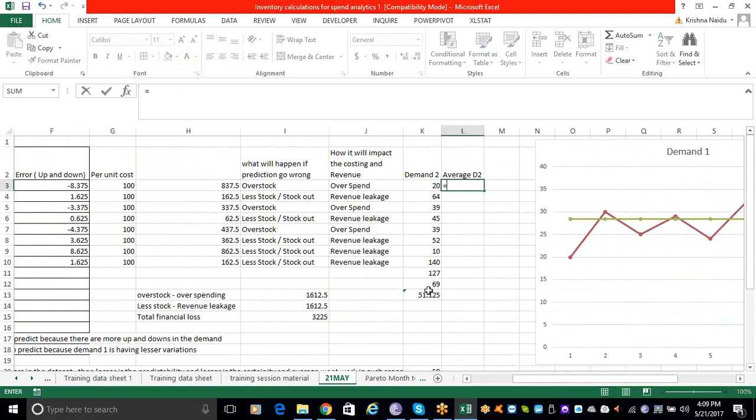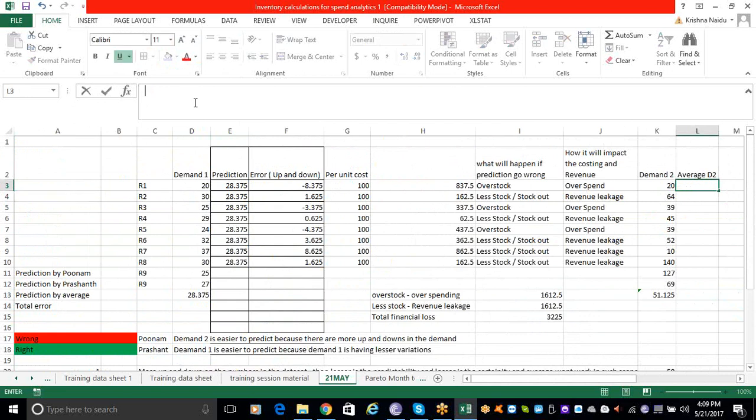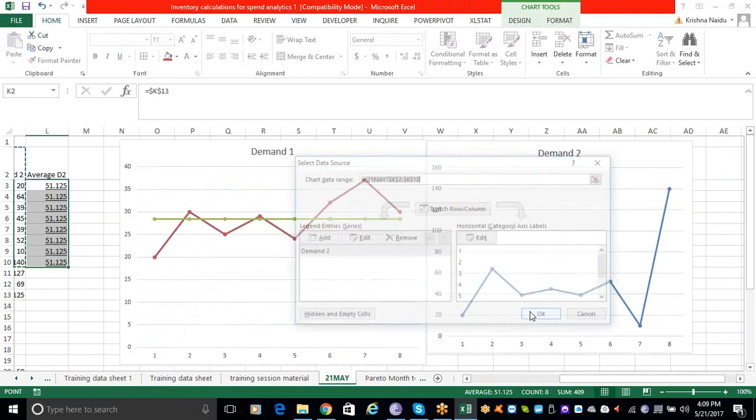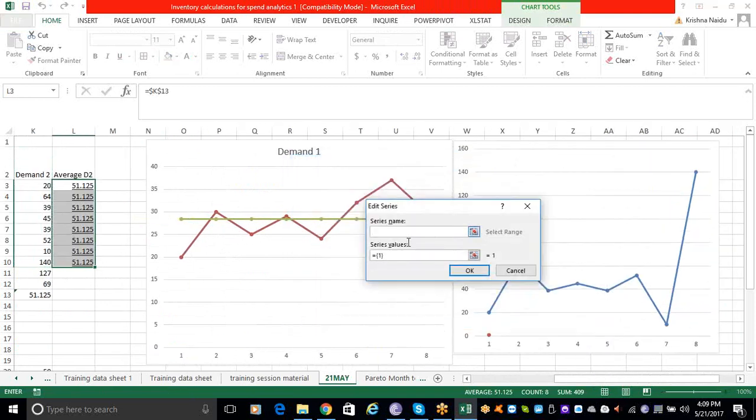I'll put that average over here as a prediction, and I'll put the same average on the second data.